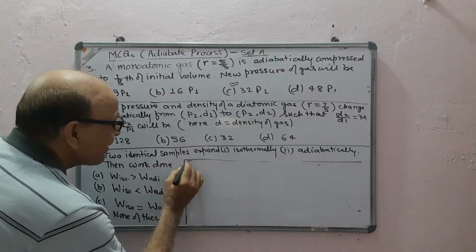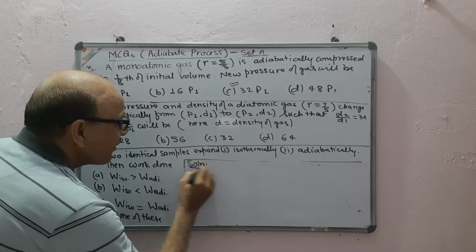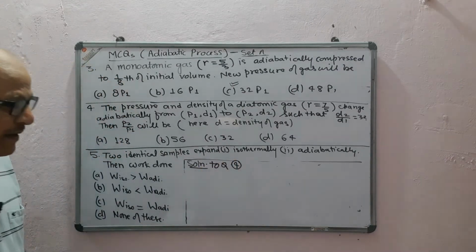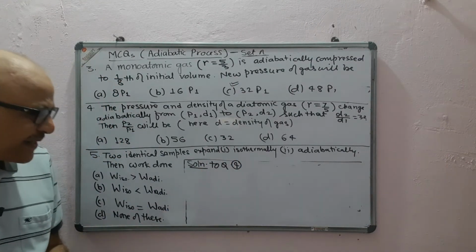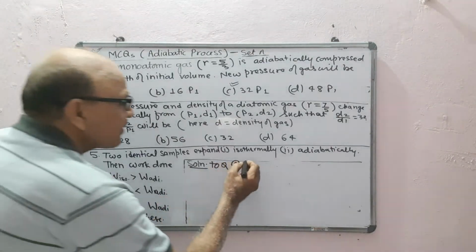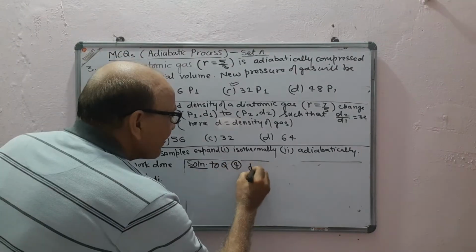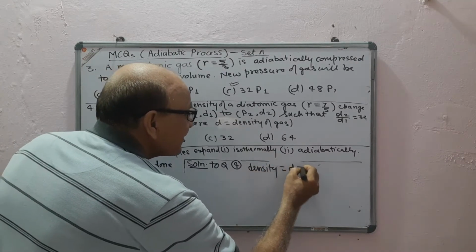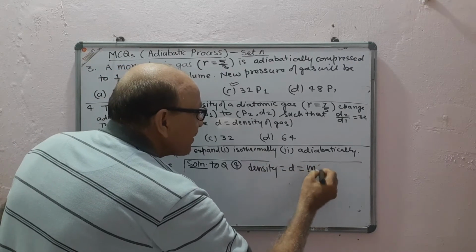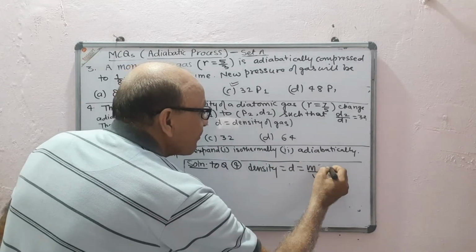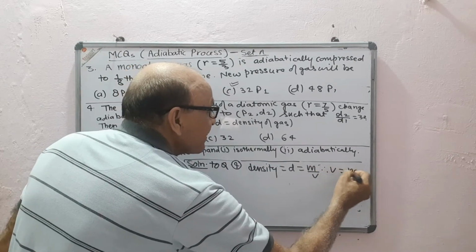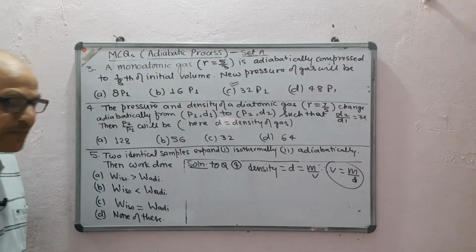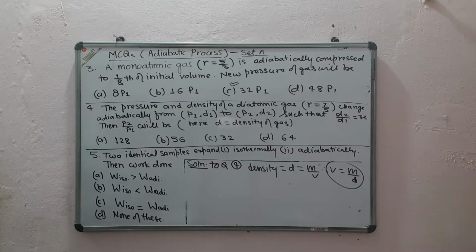Solution to question 4. We know that density is mass upon volume. Therefore, volume will be equal to mass upon density. Volume can be replaced by mass upon density.